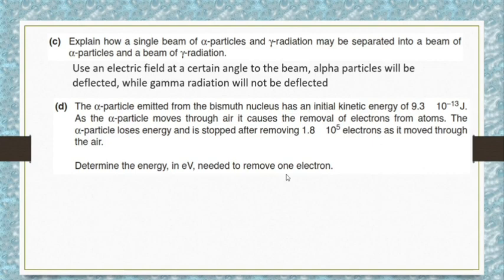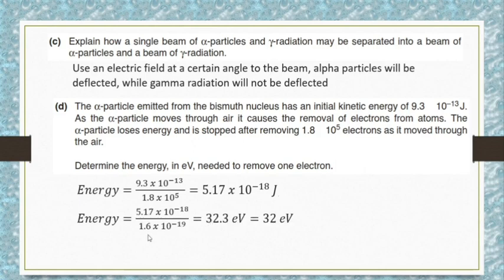First, we divide this energy by the number of electrons. That is the energy to remove one electron, but in joules. To convert joules to electron volts, we divide by 1.6 times 10 to the minus 19. So we get 32.3 electron volts, or 32 electron volts in two significant figures.